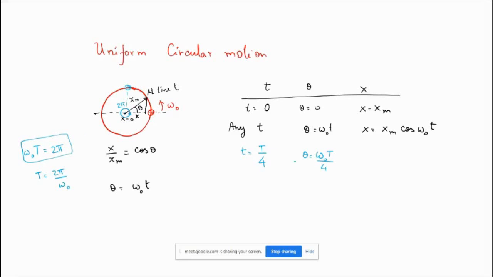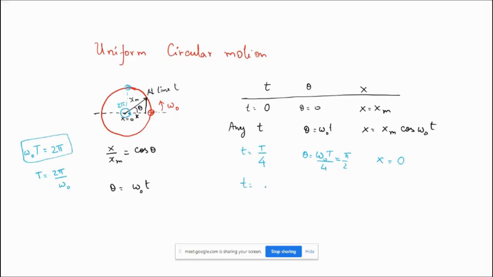So substituting that value here, you will get theta as pi by 2. The corresponding x value would be xm cos pi by 2. So x would be 0.